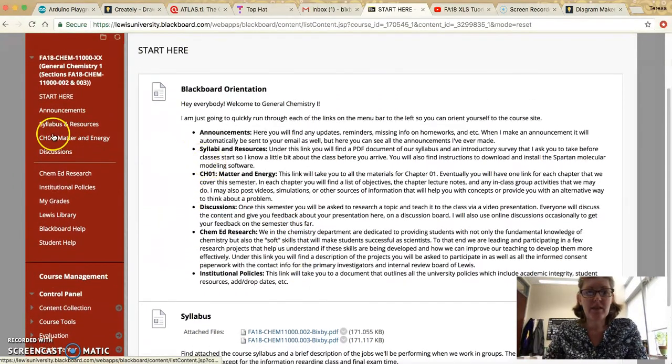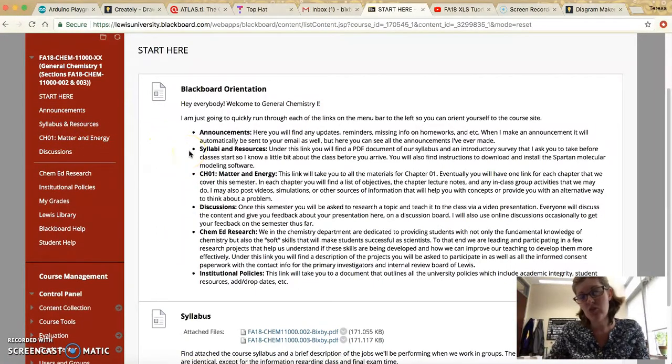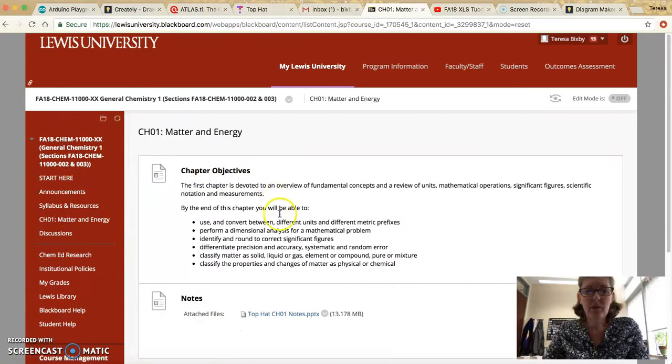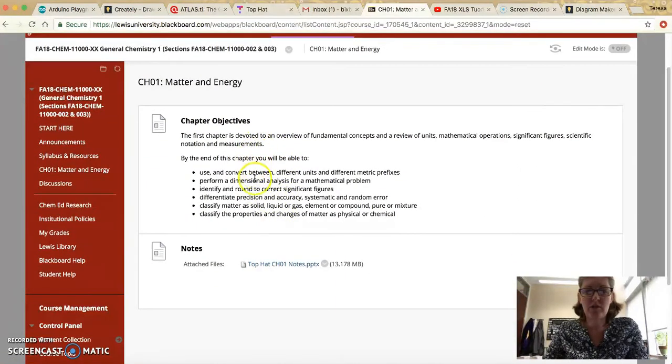The next thing you'll see on the side is Chapter 1, Matter and Energy. That's going to tie to the Top Hat chapter in your ebook. Anything under this link, we're going to have the chapter objectives, what we're going to learn in this chapter, and then the lecture notes that you can download. They're pretty big files.